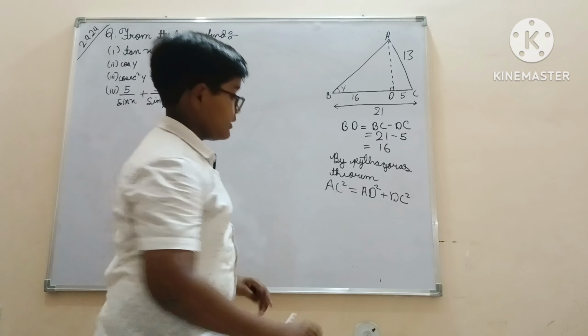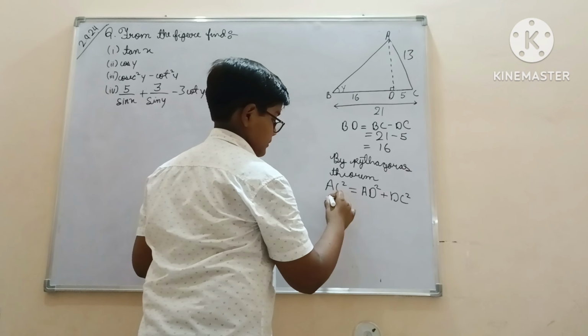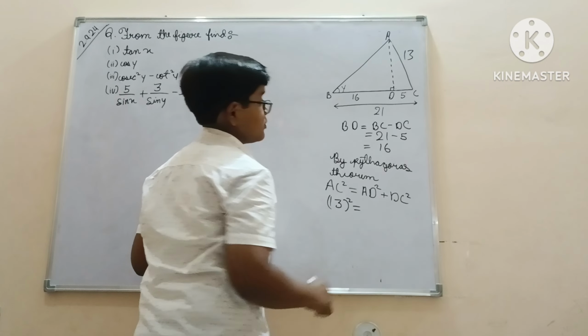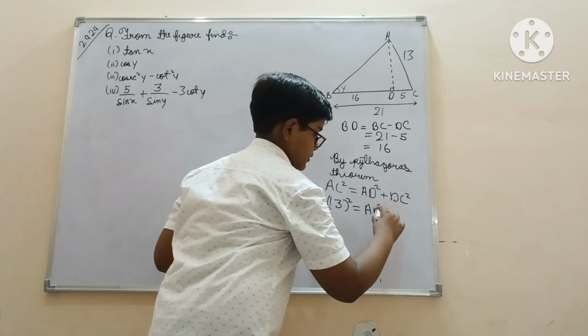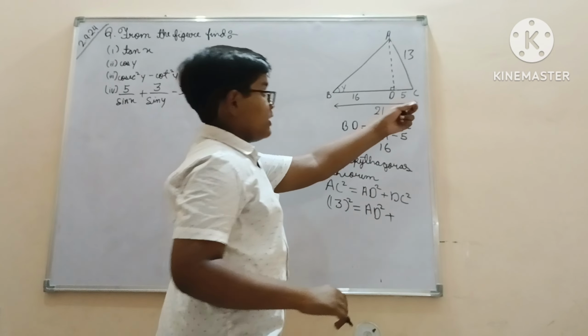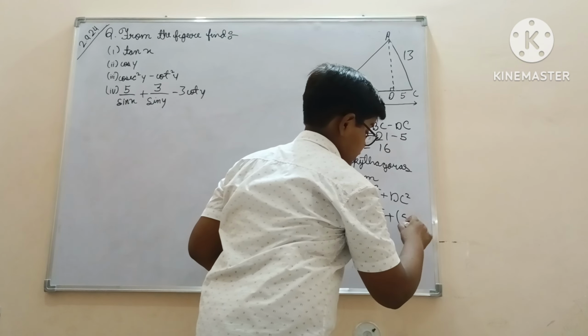Now AC square is 13 square, which will give us AD square plus 5 square, as DC has a value of 5.